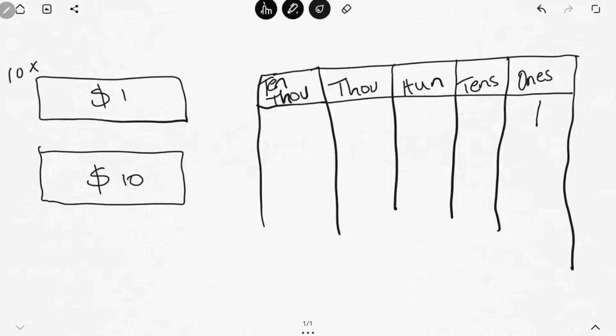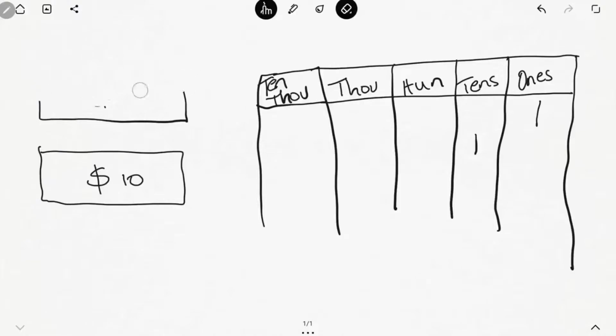So if you have one $10 bill, you don't have the 10 $1 bills. It's the same as having one 10 and no $1 bills. Okay, let's not erase that.